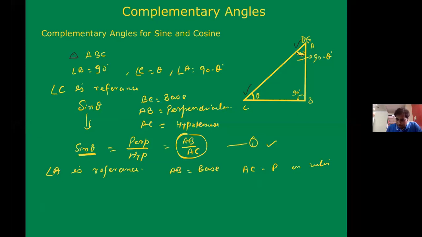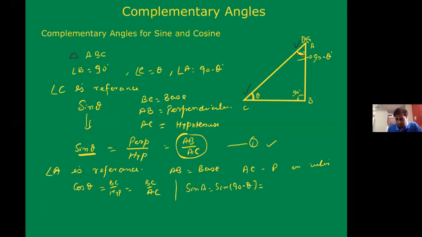If I take the angle as theta, cos theta equal to base by hypotenuse. So the base is BC and the hypotenuse is AC, so BC by AC. If I consider sine 90 minus theta, that is sine A, it is perpendicular by hypotenuse.